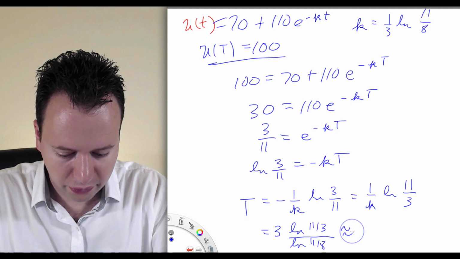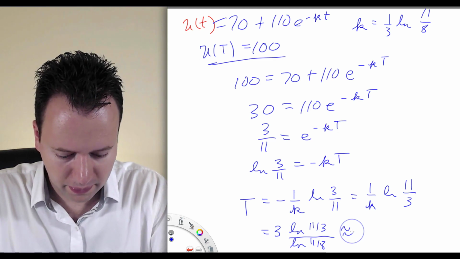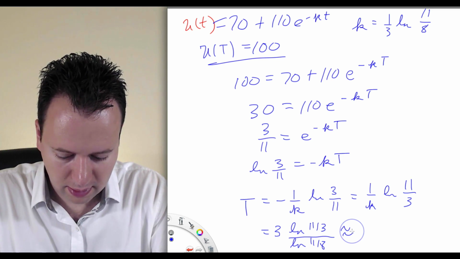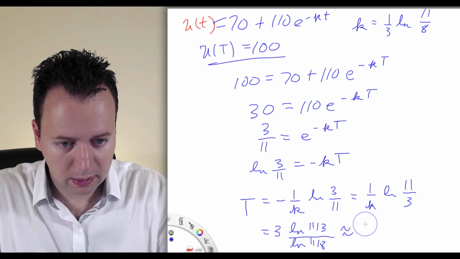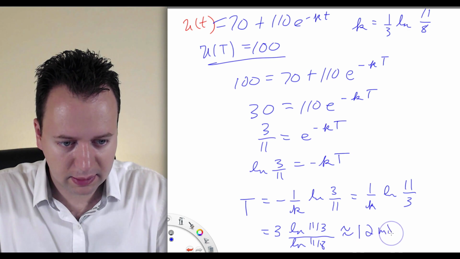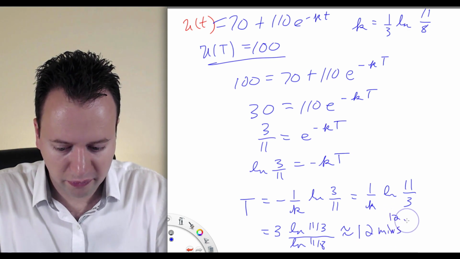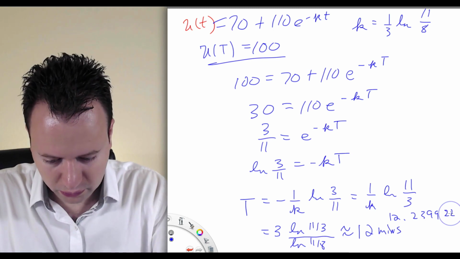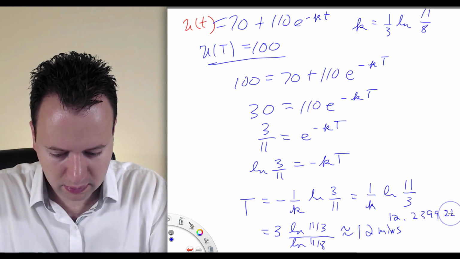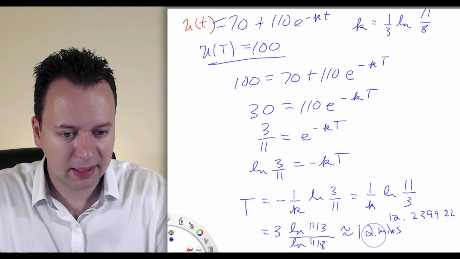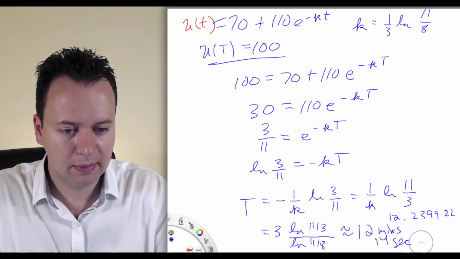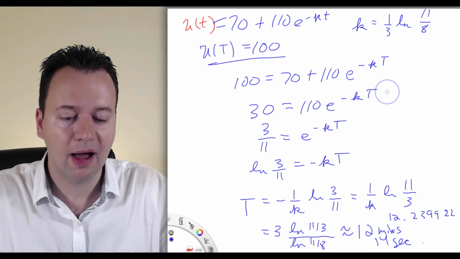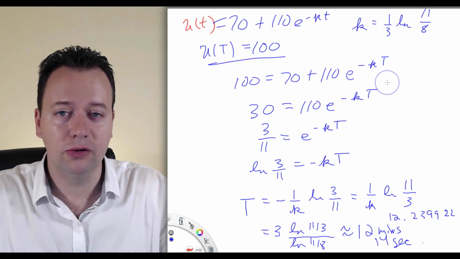So ln of 11 over 3 divided by the ln of 11 over 8, and then times 3. So about 12 minutes. So it's 12.239922. So 12 minutes, 14 seconds. So it will take approximately 12 minutes and 14 seconds for the coffee to reach 100 degrees. So enjoy it while it lasts.